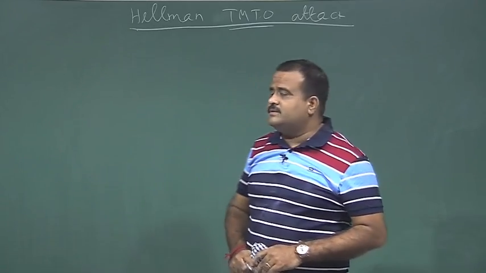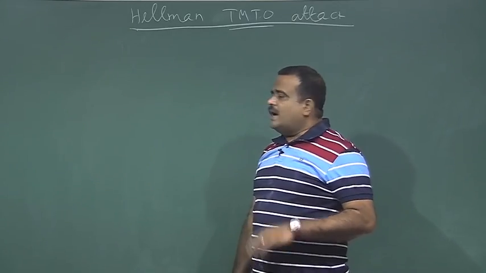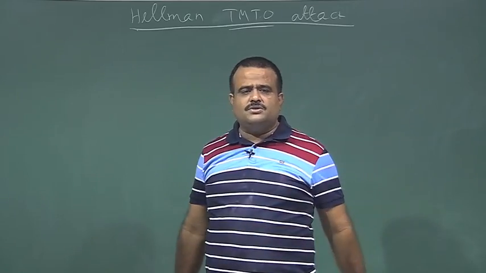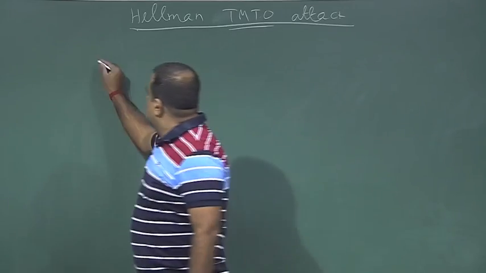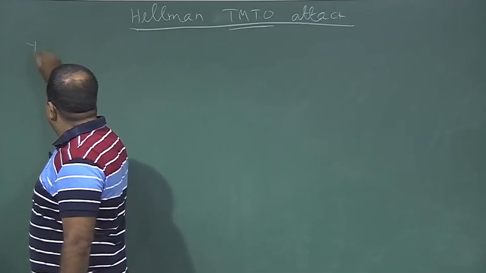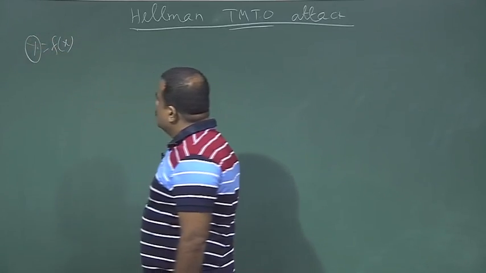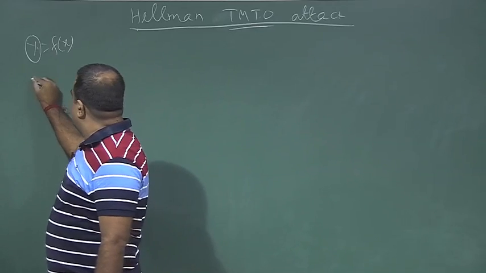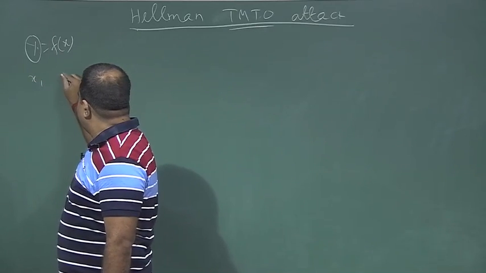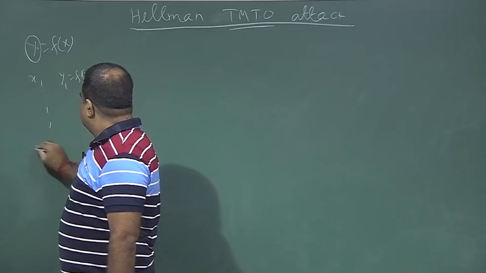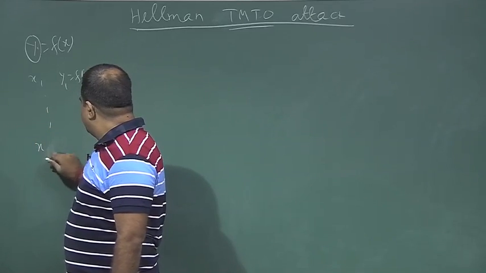So, earlier we have seen we are doing that table lookup method. Table lookup method means we are storing this basically. So, we have to invert this f. We are given y is equal to f of x, and we need to get x. In the table lookup method, what we are doing? We are choosing an x1 and we are getting y1, which is basically f of x1. We are storing for all possible xn.